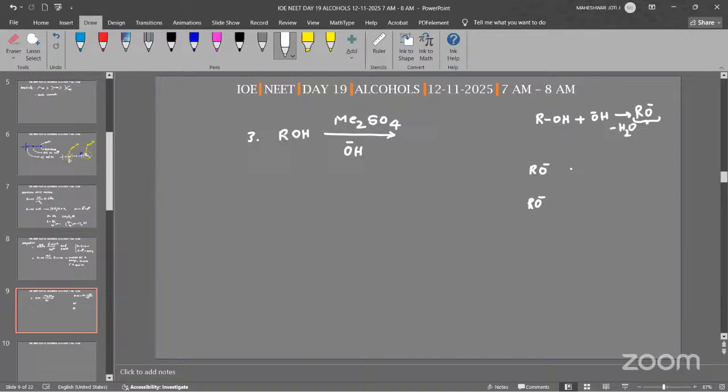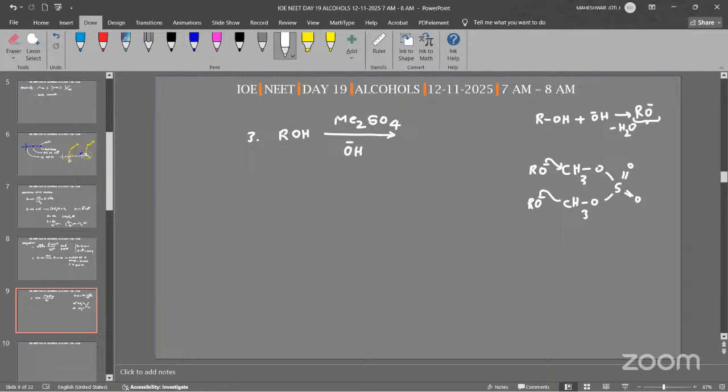dimethyl sulfate. See, sulfuric acid is H2SO4. In sulfuric acid, in the place of hydrogens, there are methyl groups. So it is dimethyl sulfate. Now RO minus attacks from the back side.